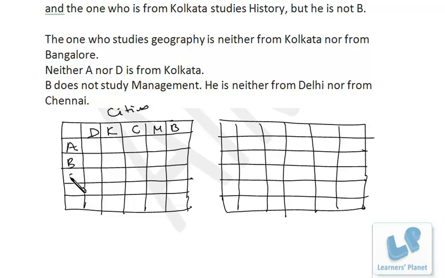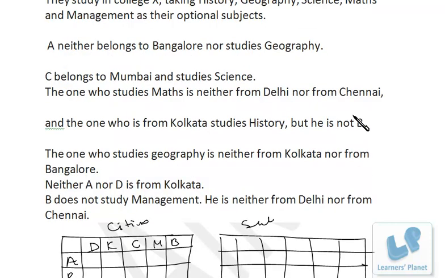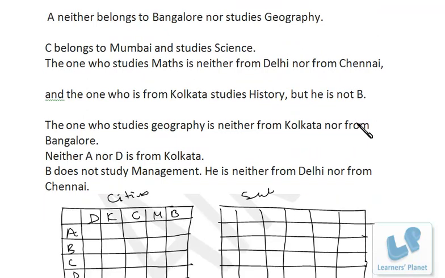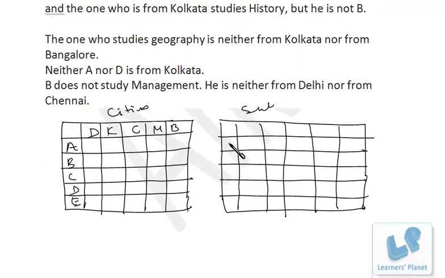Here A, B, C, D, E. Now subjects are geography, history, science, maths and management. Here A, B, C, D, E. History, geography, maths, science and management.